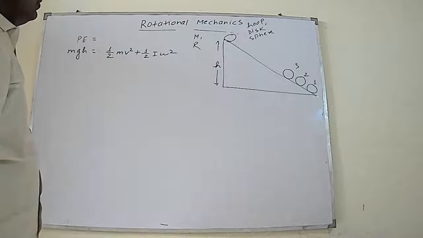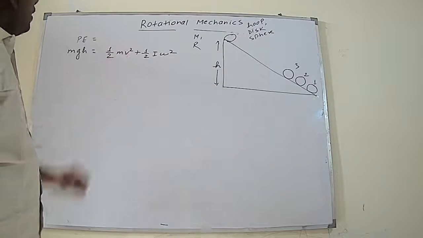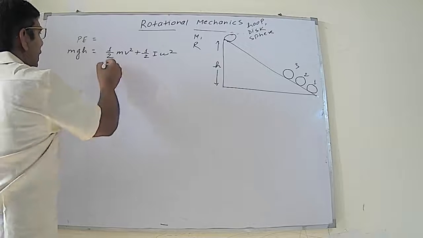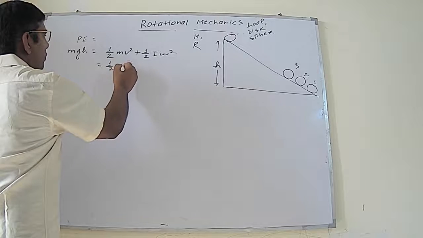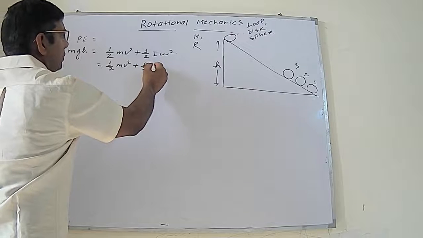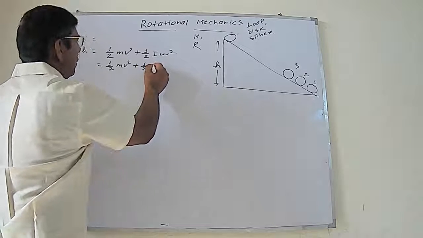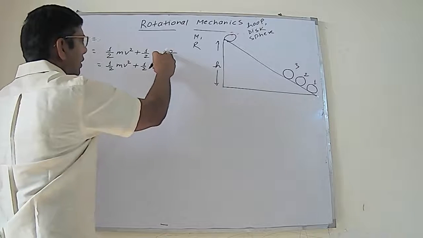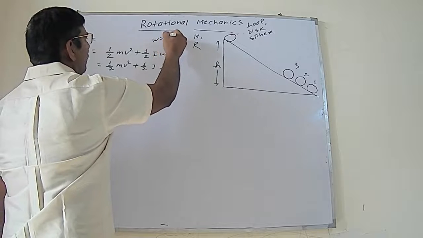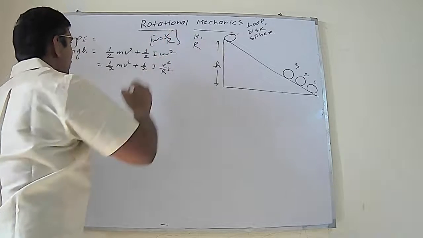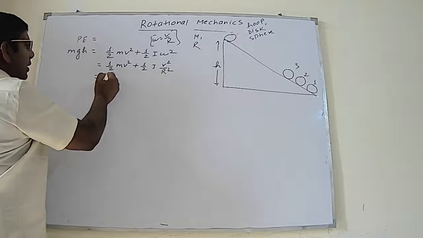Since omega is equal to v by r, we can write half of mv square plus half of I v square by r square.